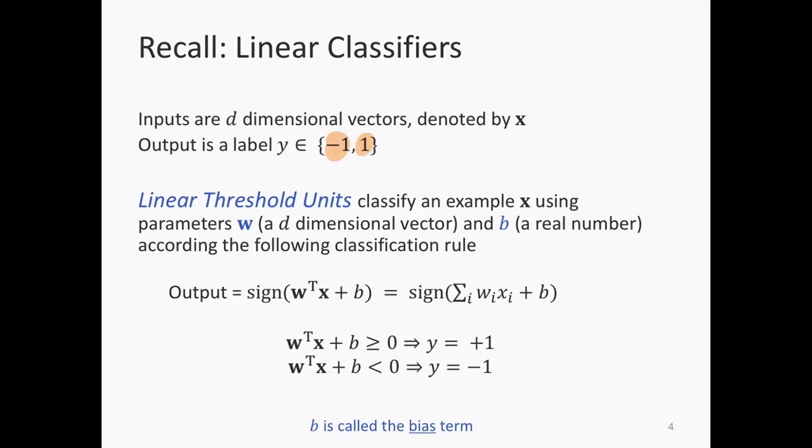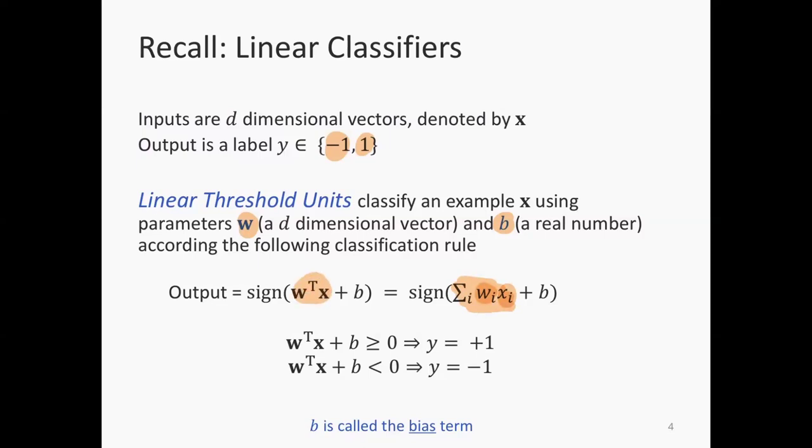A linear threshold unit is defined by parameters w, a weight vector with d elements, and a bias term b, which is just a single number. And it makes prediction using a very simple rule. For any example x, which has d elements in it, every feature xi is multiplied with its associated weight wi to get a number. And you add up all these numbers, so you get sum of wi xi. In other words, that's equivalent to saying you take the dot product of w and x.